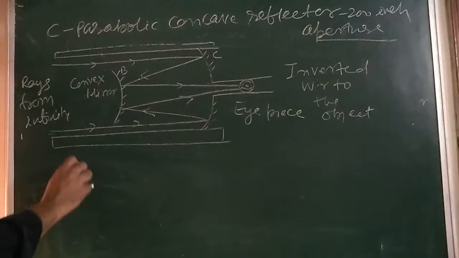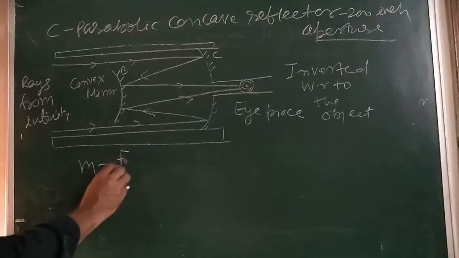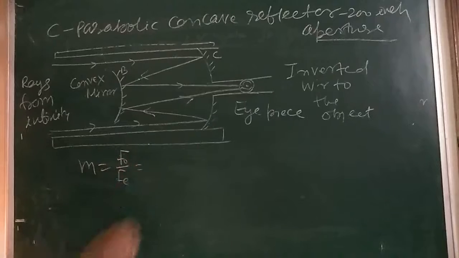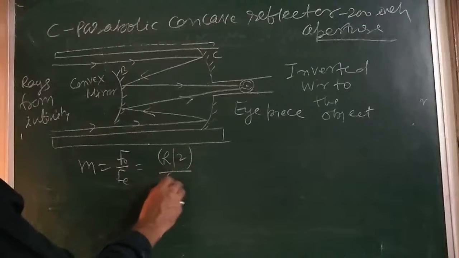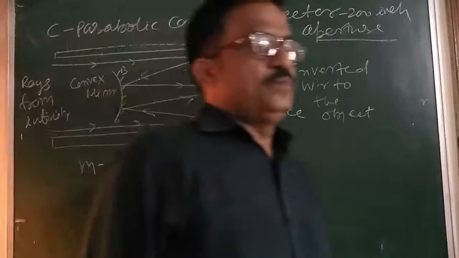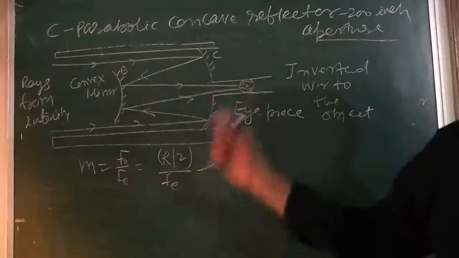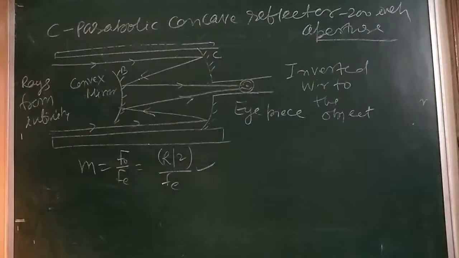The magnifying power of this type of telescope is fO by fE, that is radius of curvature divided by 2 divided by fE. So just write it down. This gives a brighter image, resolving power is more. So it's a very good reflecting type telescope.